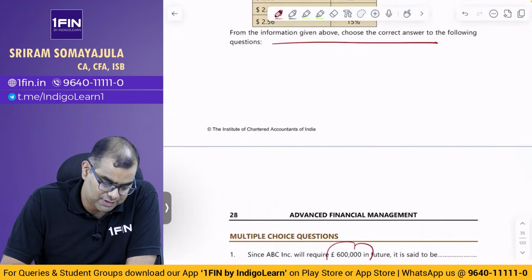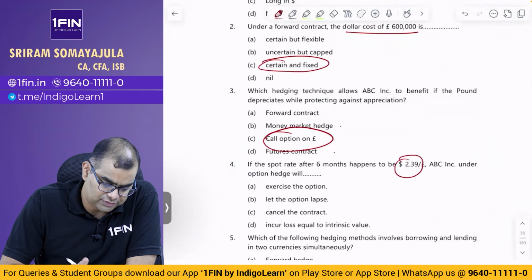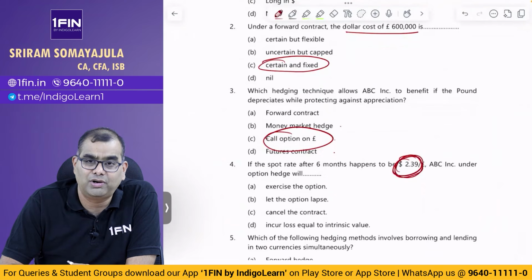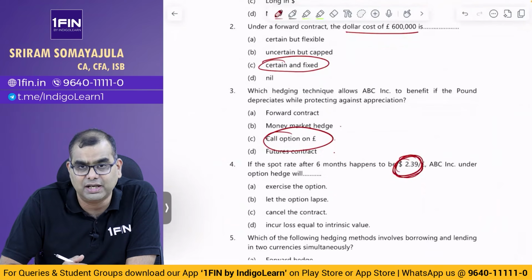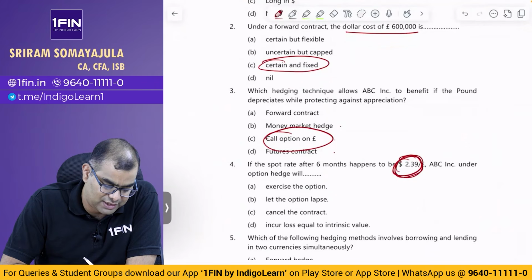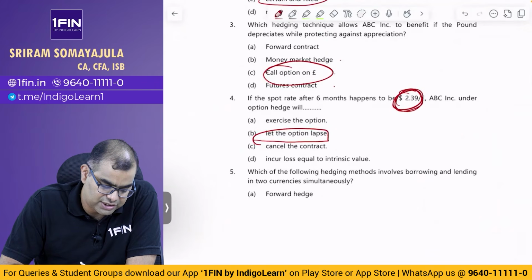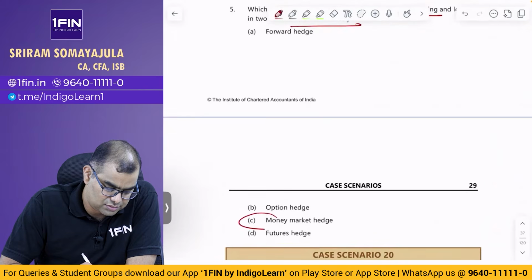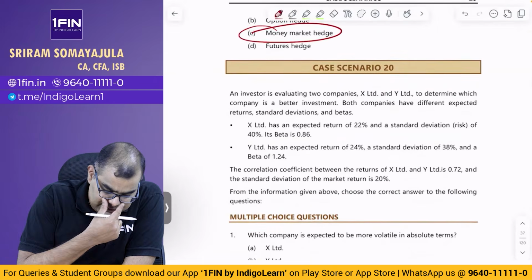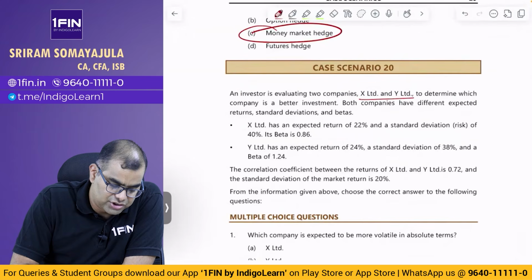After 6 months, if the rate is $2.39 per pound, I would rather buy at the spot, because as an American company I would pay fewer dollars. So I would actually let the option lapse. Okay, which of the following hedging methods involves borrowing and lending two currencies simultaneously? Money market.